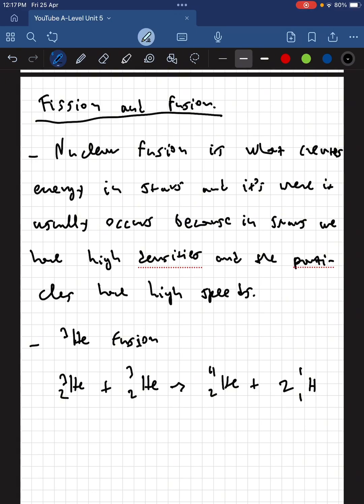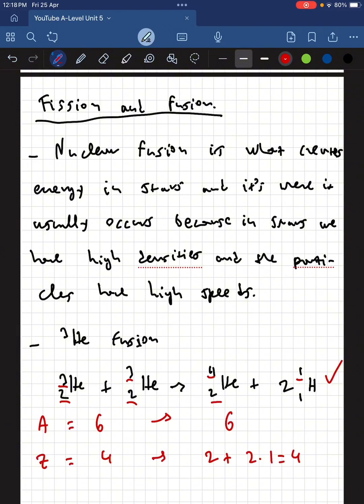The way this works, by the way, is if you add up 3 plus 3, the mass number before, so 3 plus 3 is 6, so A is 6 before, and after we have 4 and 2 hydrogens, so 6 protons and neutrons after, and then also the atomic numbers must match. So before we have 2 plus 2, 4, and after we have 2 plus 2 times 1, which is also 4. So this reaction works, okay?